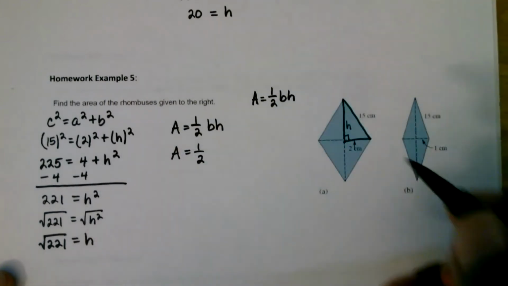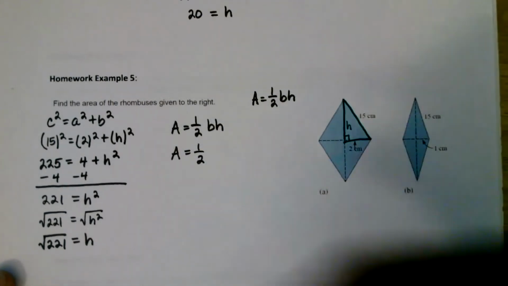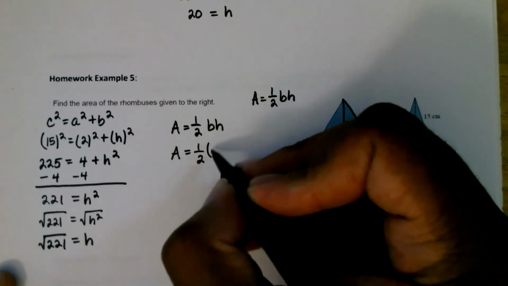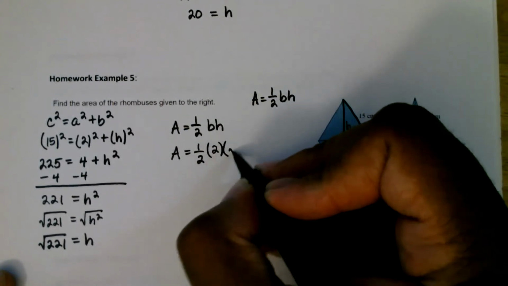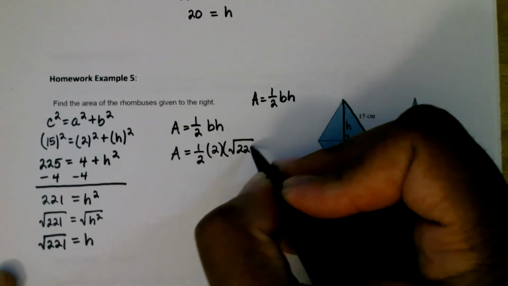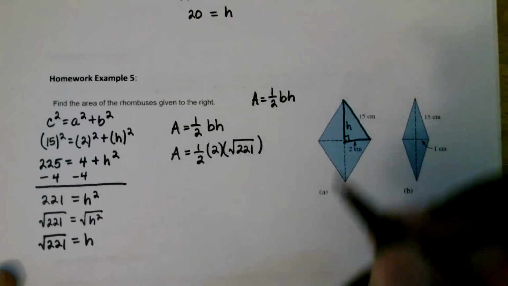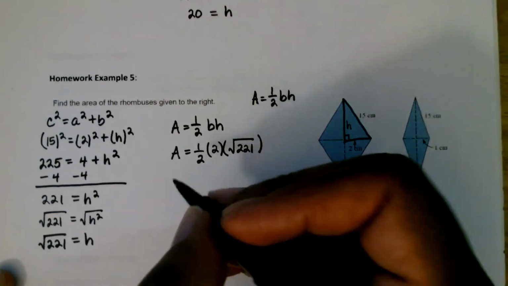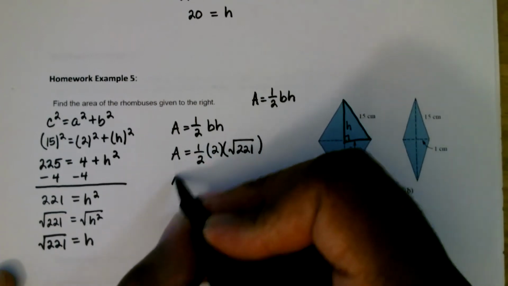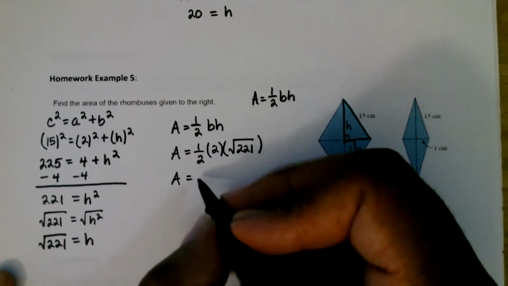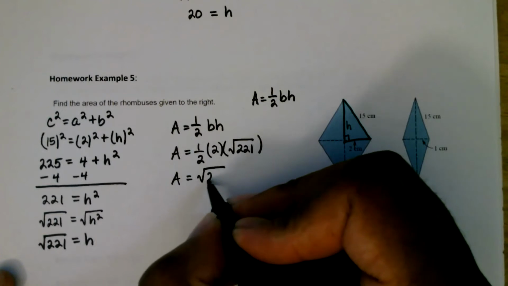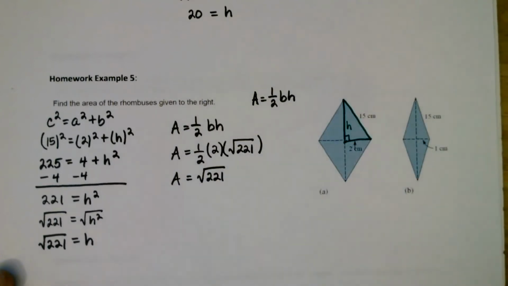So I'm going to bring down the 1/2. The base here is your 2 centimeters. So this will be 2 times. H will be the square root of 221. And half of 2 will be 1. And then 1 times the square root of 221 would just be the square root of 221.